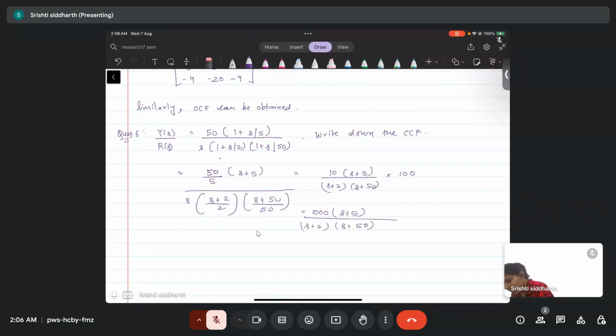Okay, so we can simplify this further. We have G(s) equals 1000 times (s plus 5). I'll just write this down as 1000s plus 5000 over s times (s square plus 50s plus 2s plus 100).